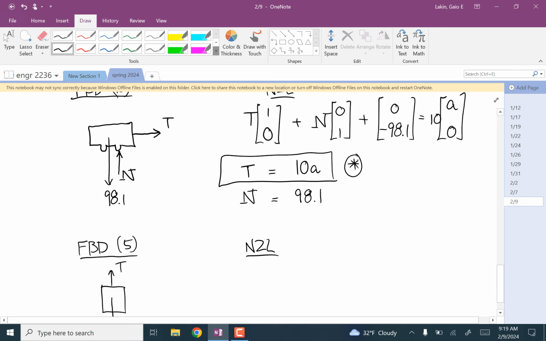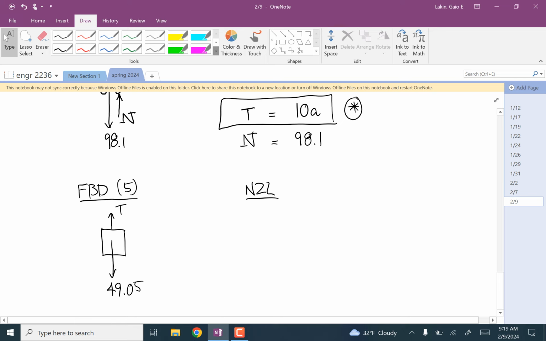Okay, well, Newton's second law. So this is going to say 0, T plus 0, negative 49.05 is equal to the mass times the acceleration. I'm going to write this first as the acceleration is just going to be in the y direction, up or down.